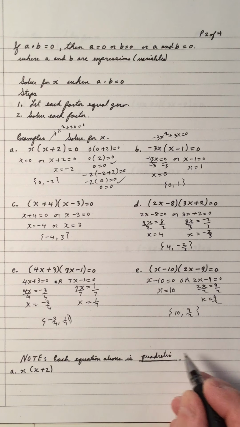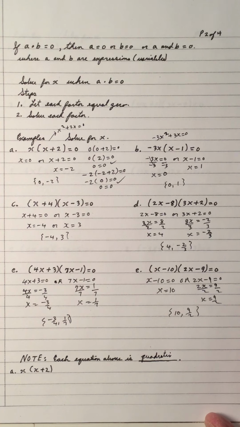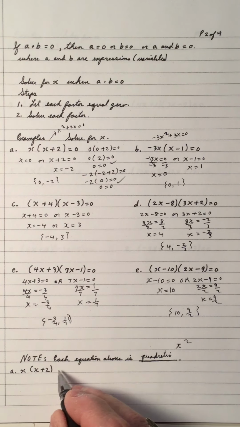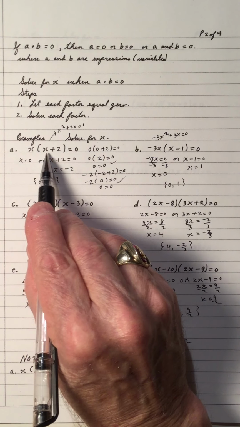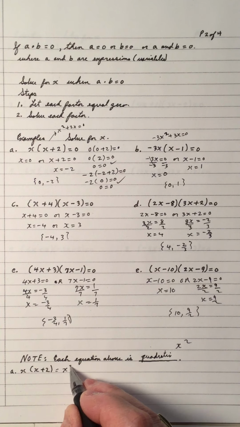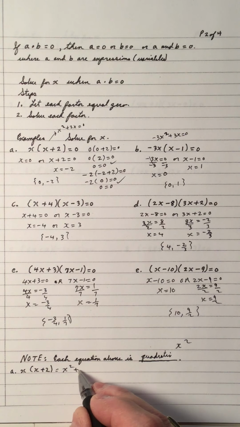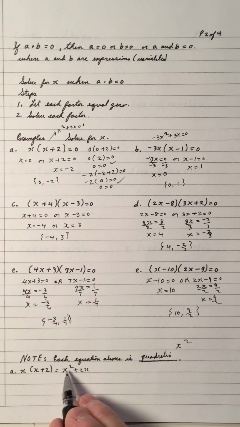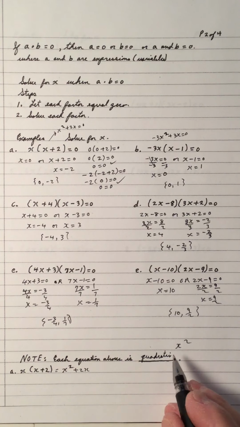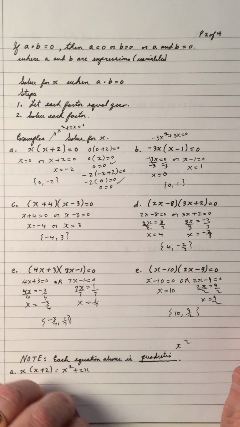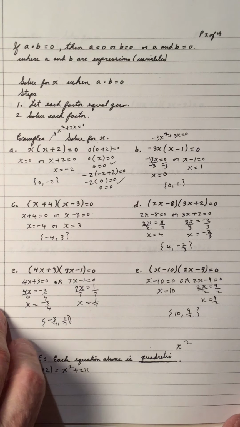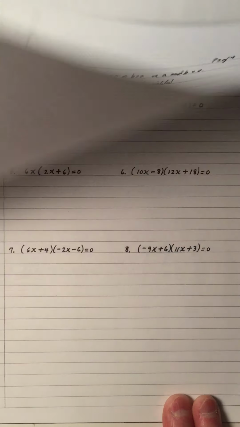Quadratic means you have an x squared. Notice in A, x times x plus 2 gives you x times x is x squared. X times 2 is 2x. So we have a quadratic expression, and because it's x squared, we will have 2 answers. Because a times b equals 0, we get 1 for A and 1 for B.